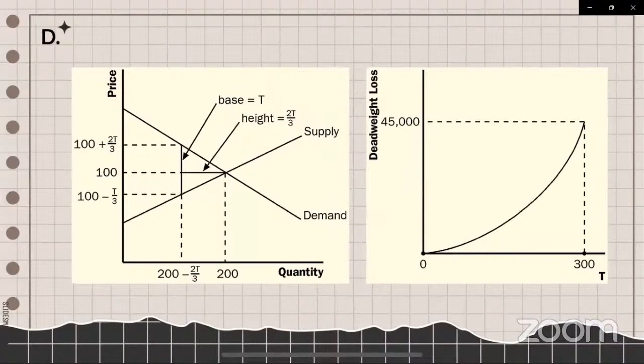So the deadweight loss equals half multiplied by T multiplied by 2T divided by 3 equals T squared divided by 3. This rises exponentially from 0 when T equals 0 to 45 thousand when T equals 300, as shown in the next figure.